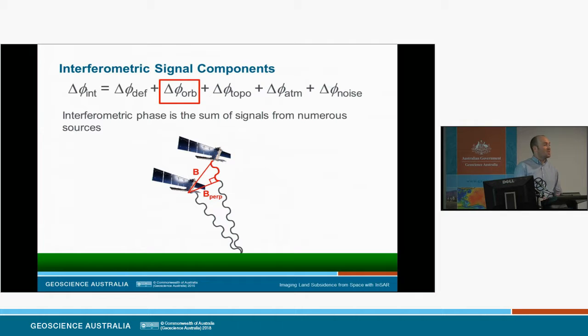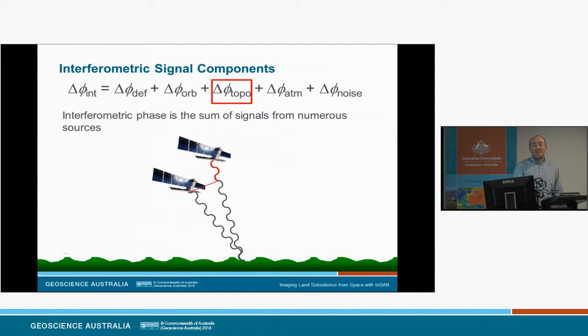But the models are only good to a certain degree, and there tends to be a residual signal that will map into the interferogram as a long wavelength signal. So that could be within our interferogram. We also have changes in topography across our imaged area. It's never the case that we have totally flat Earth in our imaged area. So we must take into account the topography, and we do that in our processing chain by subtracting the effect of a digital elevation model.